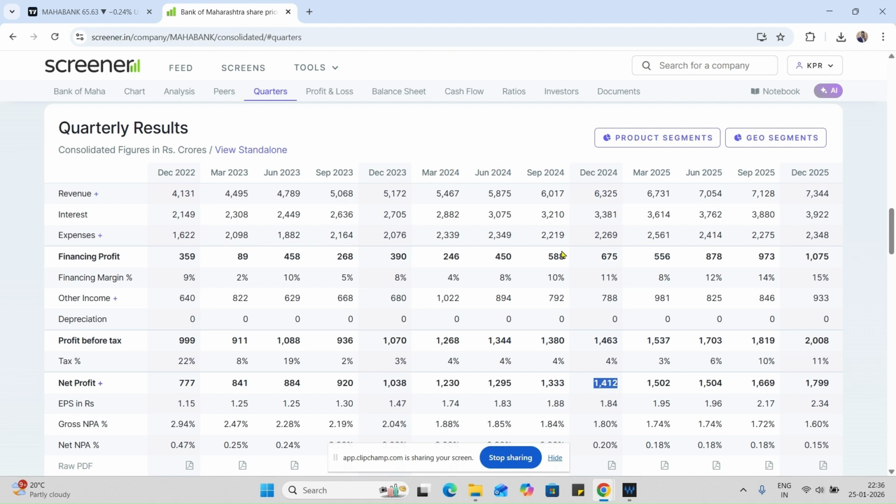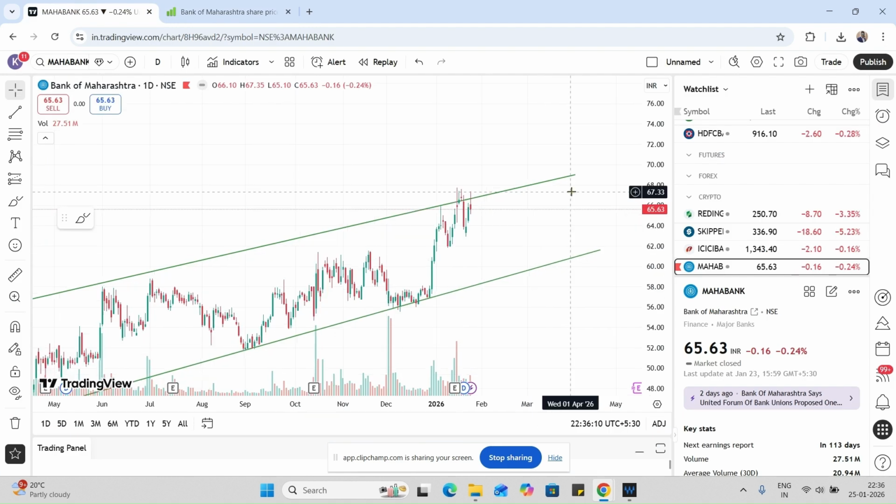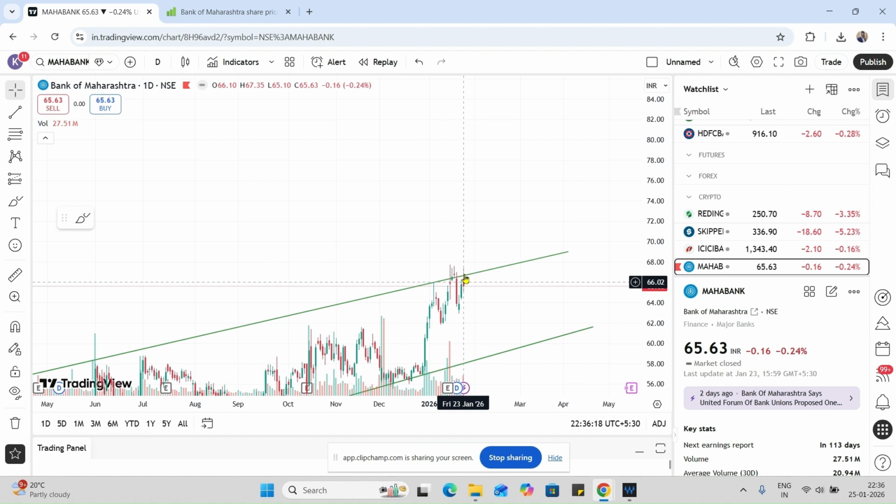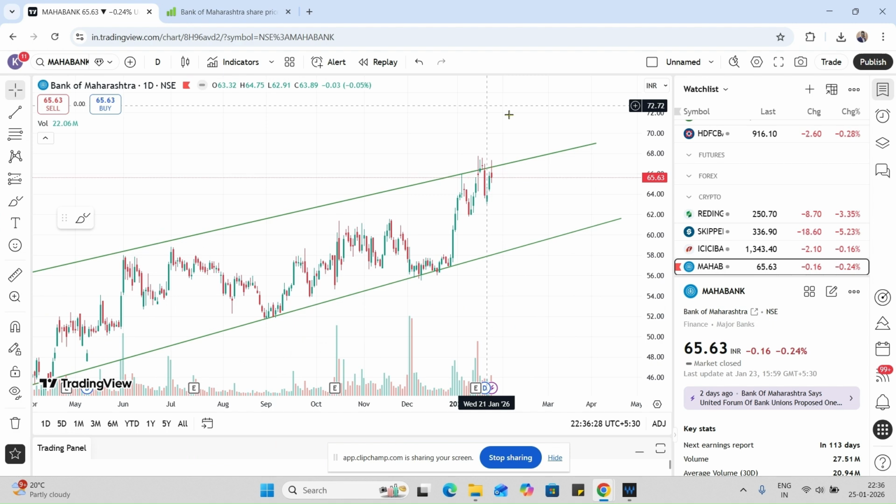So in that case, what happens? People might think even the price of 65 is cheap, and then they could afford more and buy even higher. That could break this out and even take this price further, right? So that is how one should analyze a stock with technical as well as fundamentals.